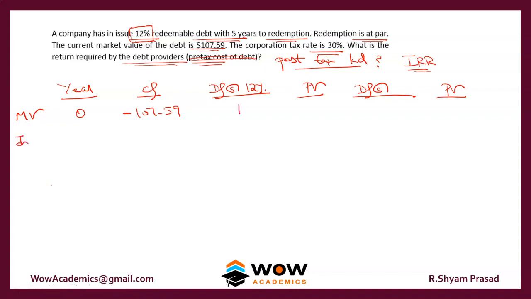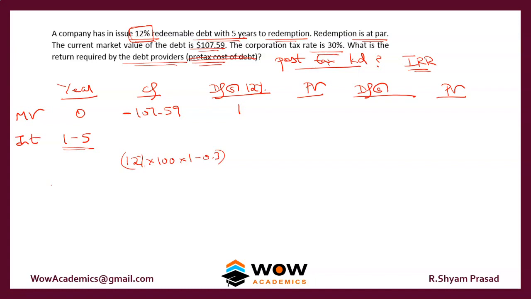We'll move on to the next one, which is interest. Interest is paid from the first year to the fifth year, so it's years 1 to 5. And what is the cash flow per year? The interest is 12%, but if you take after-tax interest, let's see how much it comes to: 12% into 100 into 1 minus 0.3.